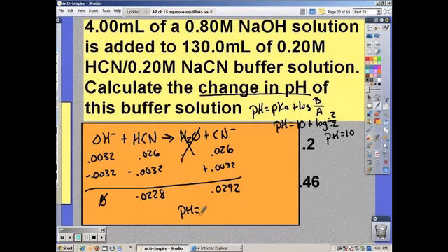But what did I forget to do there? I'm left with moles, not molarity, so I need to go back and find my molarity by dividing by total volume, which in this case is 134 milliliters, or 0.134 liters.